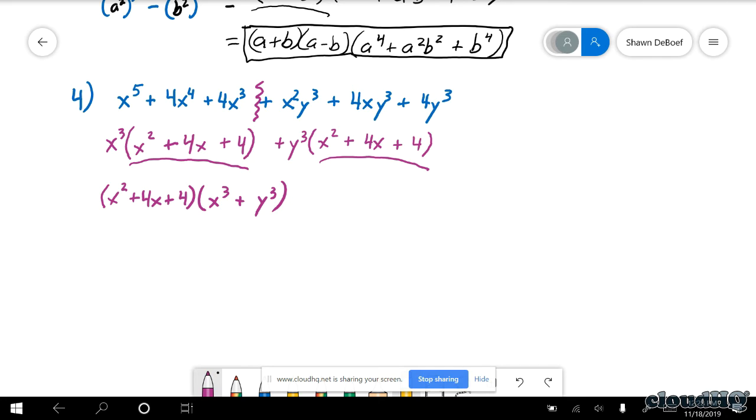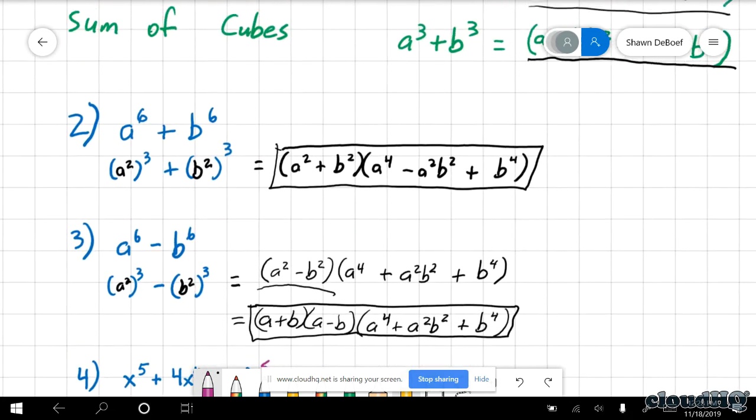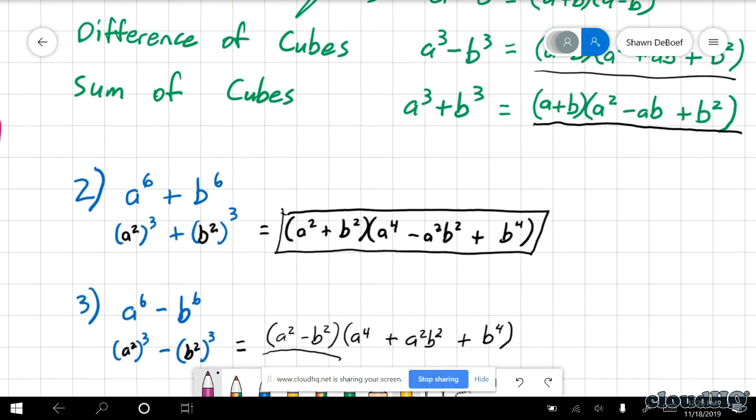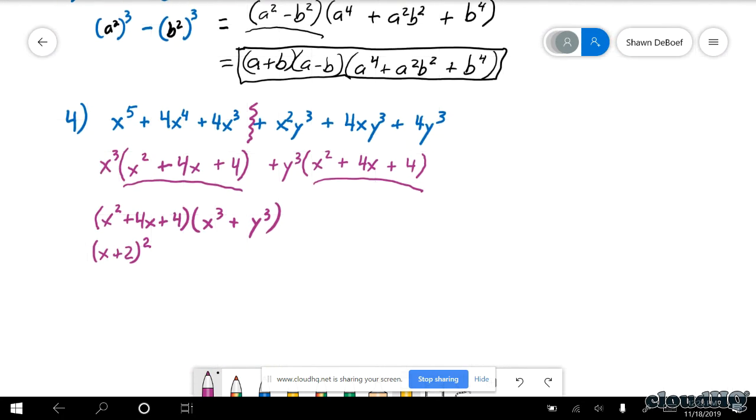Look at the trinomial, x squared plus 4x plus 4. Is that factorable? X plus 2 times x plus 2, or I could write it as x plus 2 squared. And then what about x cubed plus y cubed? Is that factorable? Yes, if I scroll back up, that's my sum of cubes way up here, the bottom one there. So I can factor it according to that factoring pattern.